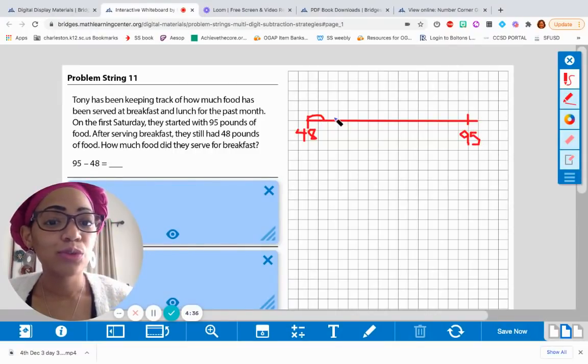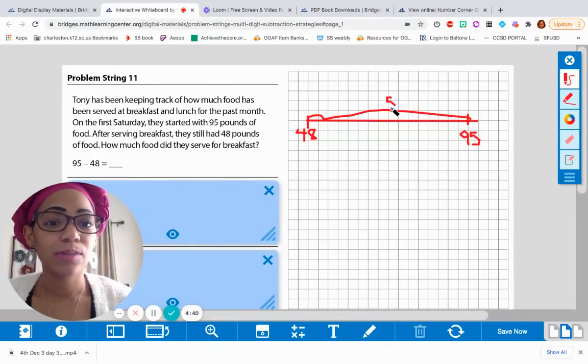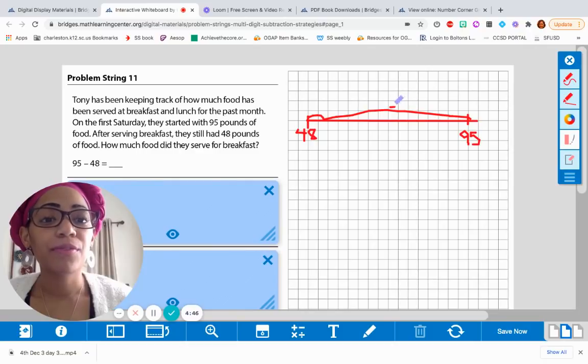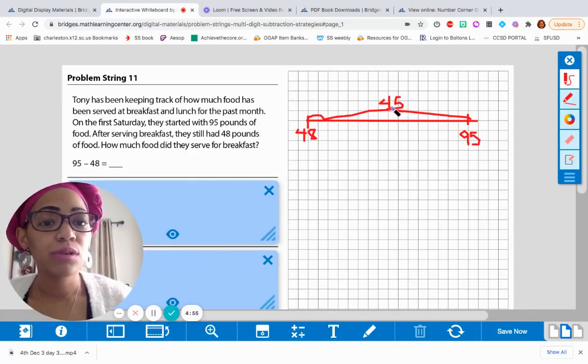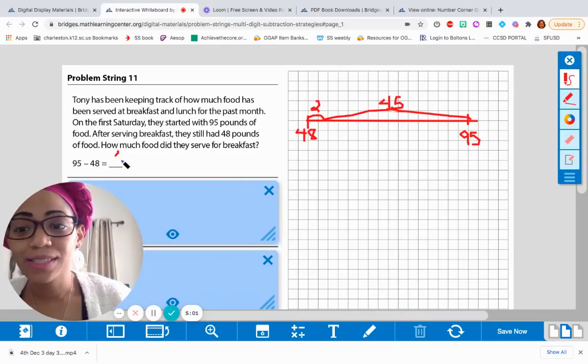So if I have 2 plus 50, so here's my 50. Oop, excuse me, that's not 50. I went from 50 to the number 95. So here's my 45, and here's my 2. What is the difference? Good, it is 47.